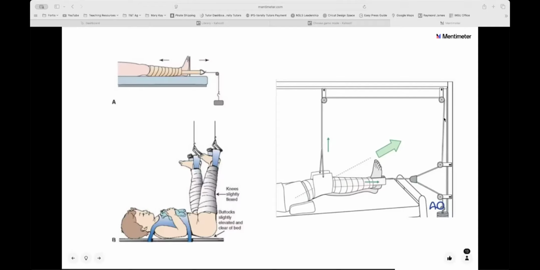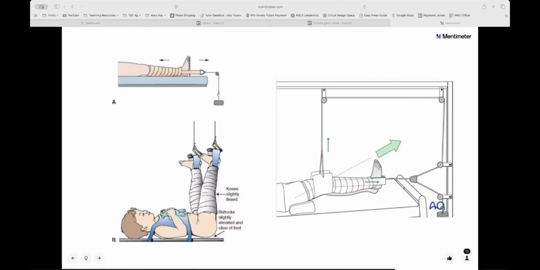It could get stuck in one of those pulleys and prevent movement. So that would be a bad thing. So we always want to check and make sure we don't have any knots in our lines, make sure that they haven't fallen out of one of those pulleys so that we're not getting the right pull. So all things to check with our patients in traction.